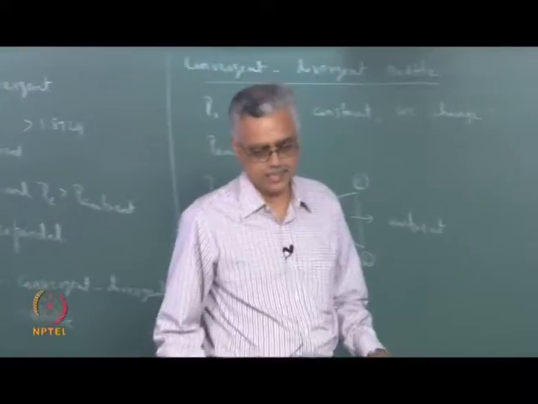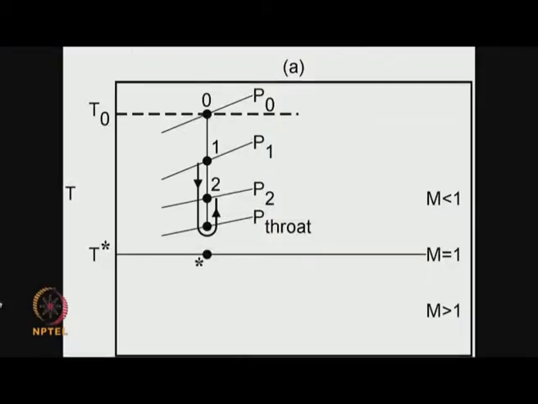If you look at the TS diagram corresponding to this state, you can see it here. State 1 has a certain static pressure P1, and the corresponding stagnation state is shown here. This is T naught and this is P naught, and you can see that when we lower the ambient pressure a little bit, the flow comes in at a subsonic Mach number, and because it is a convergent portion, it accelerates in the convergent portion, reaches a lower value of pressure at the throat, which is not equal to the sonic pressure, which is not equal to P star.